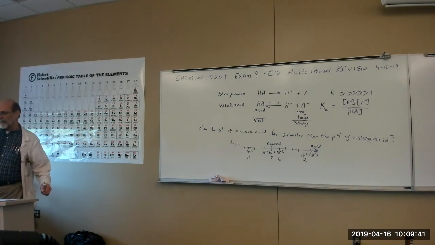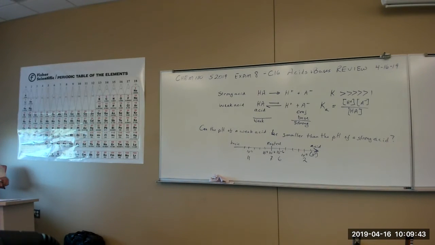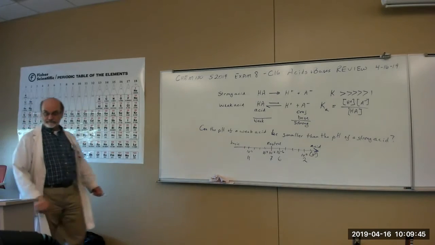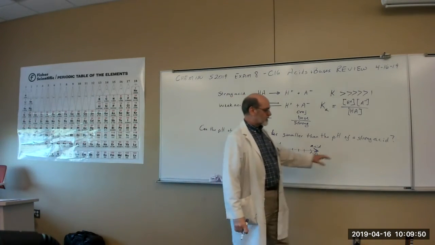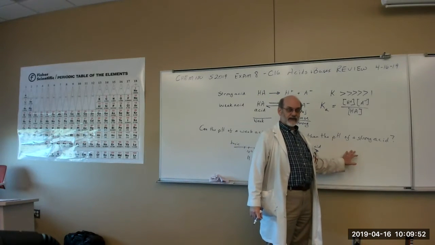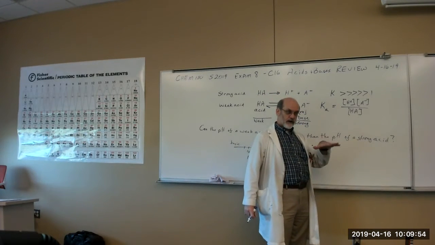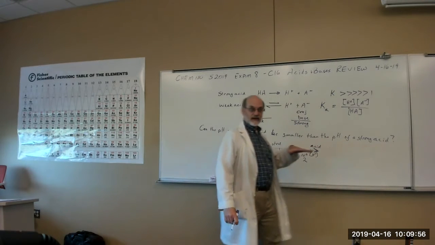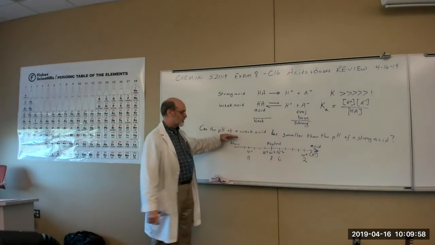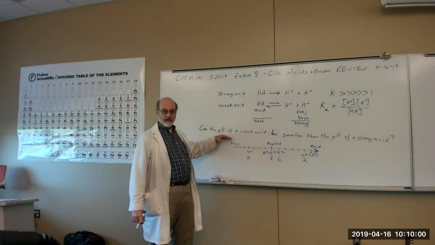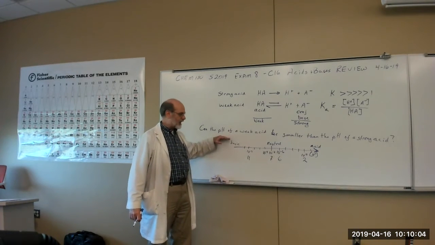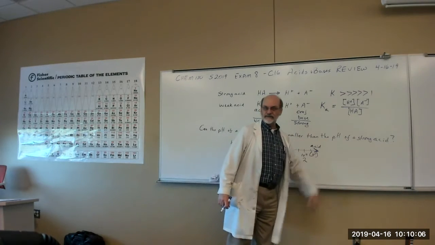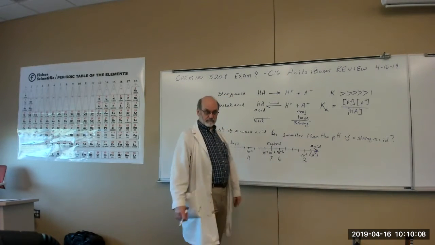Pause to think. The answer is yes. Even though a strong acid is completely dissociated, if you start out with a low enough concentration and you have a high enough concentration of weak acid, even though it dissociates less, it can produce more hydrogen ions than the strong acid. Okay?